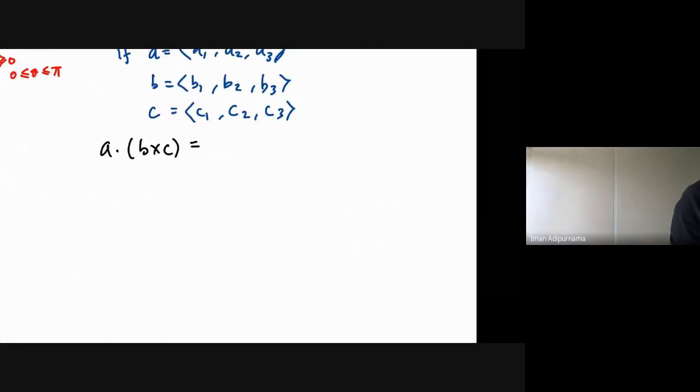dot product, we will have A1 multiply and then plus multiply plus multiply, right?